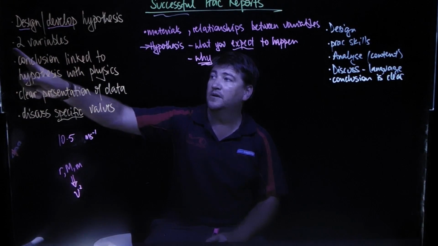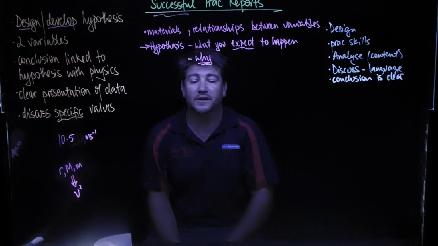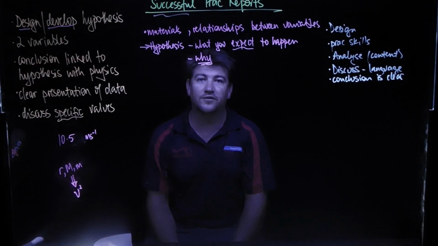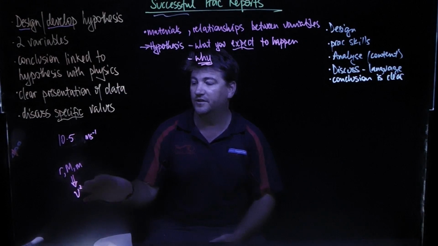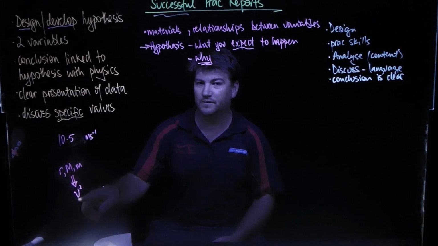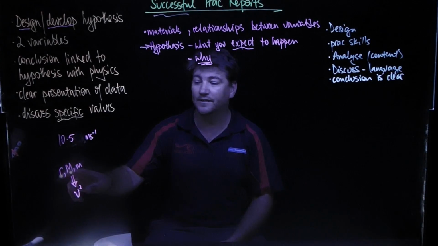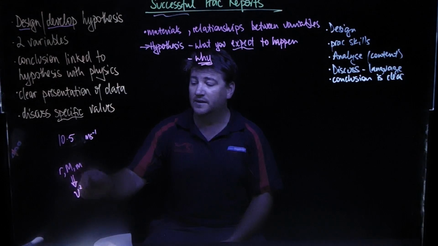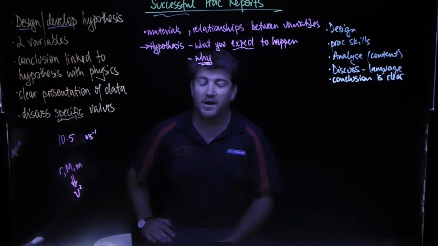Now, point number 2 up here, to do with two variables. In any sort of science experiment, it's pretty much impossible to change one variable, and if we're changing, let's say, the radius and the mass, to work out what effect that has on the speed squared, we don't know if it's that one or that one. It's possibly both, it's possibly neither, it's maybe a combination of the two that's actually having an impact on our dependent variable.